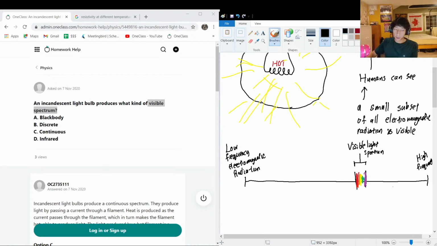So now, which does the light bulb produce? Let's actually look at which does the light bulb produce that is visible. Okay, so let's take a look at the first one. Black body radiation is actually tightly associated with infrared radiation. That's the radiation that is lost due to you losing heat through radiation. In general, black body radiation as well as infrared is going to be invisible.